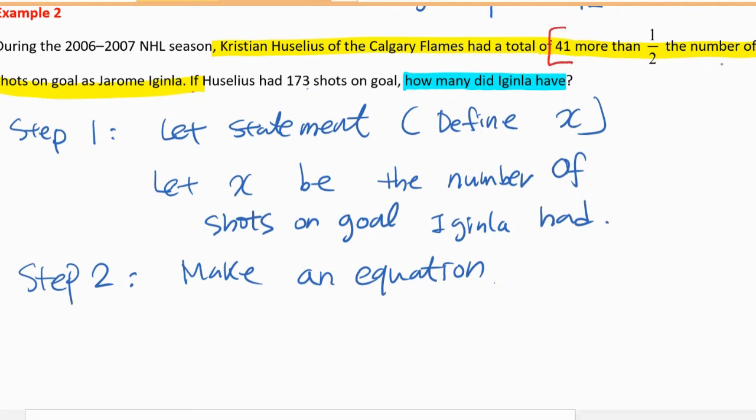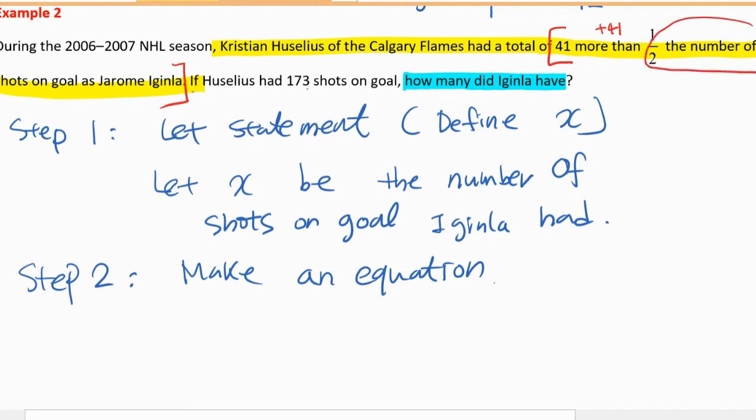So 41 more than half the number of shots on goals as Jerome Iginla. Okay, everyone, 41 more than. Is more than addition or subtraction? More than is addition. Okay? So 41 more. So we have to add 41 to this number.